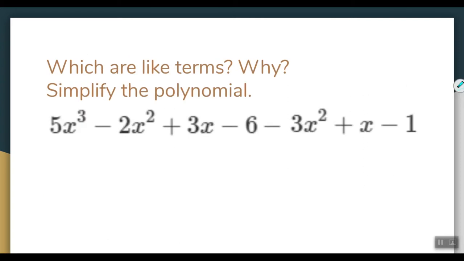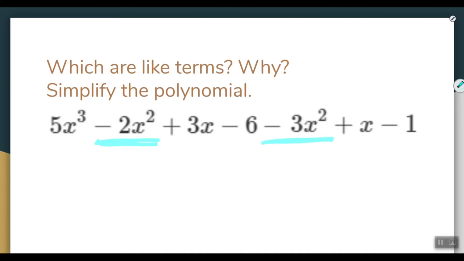Okay, which are like terms in this polynomial? Well, like terms, I'm thinking about the same variables and the same exponents. So I have x cubed, I have no other x cubes. I have -2x squared, and I have a -3x squared. Notice I'm taking that sign in front as well.